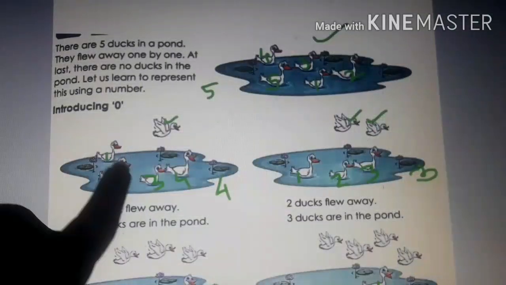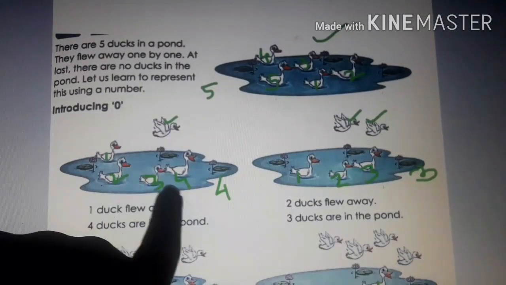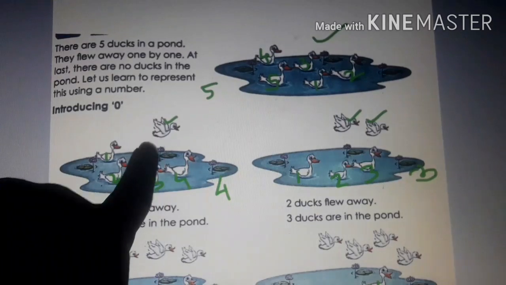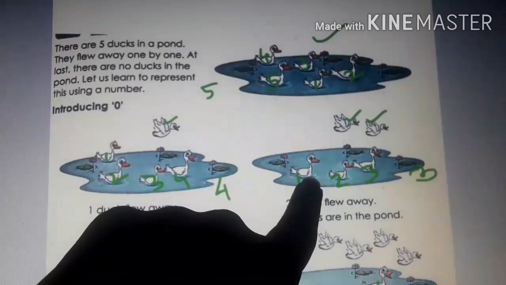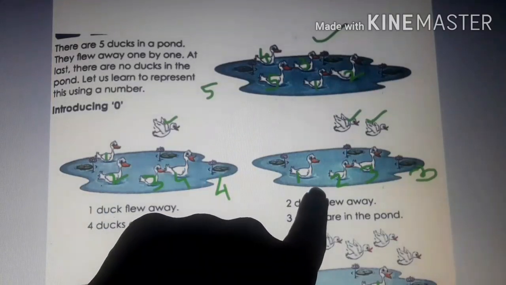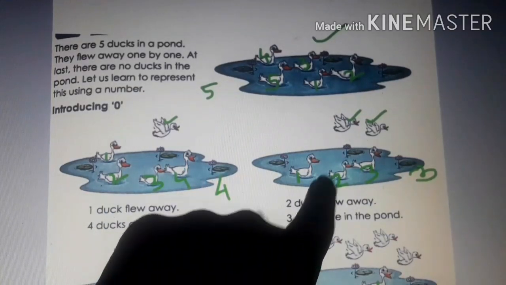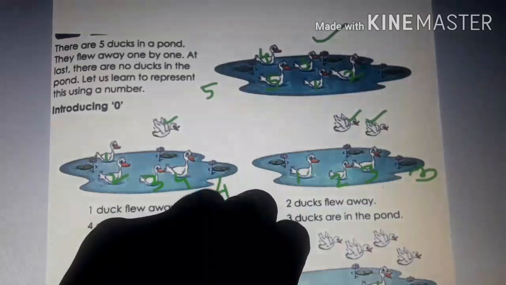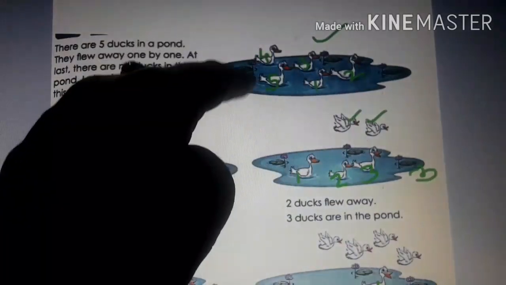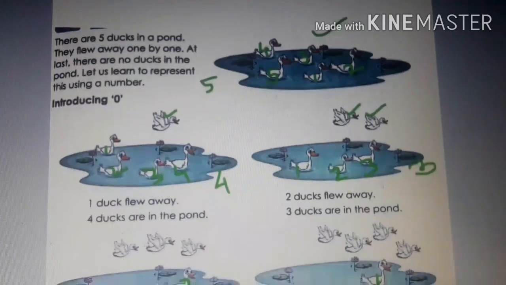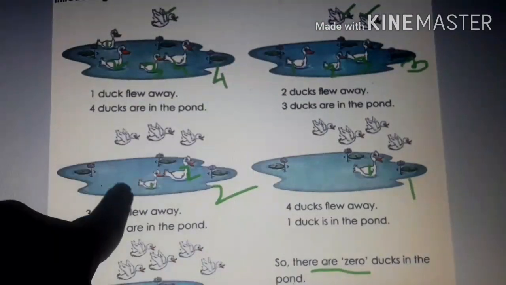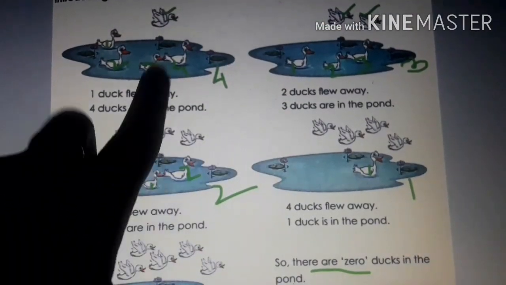There are only 4 ducks, right? Why? Because one flew away. In the next picture, children, how many ducks are there in the pond? Only 3. Why? Because 2 ducks flew away. Next. How many ducks remain here? 2 ducks.